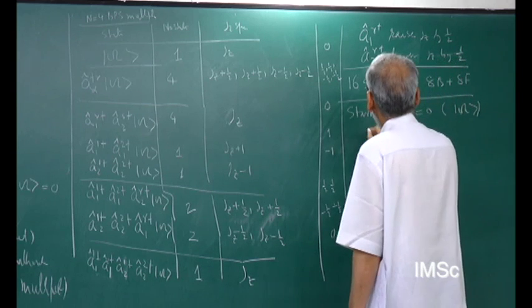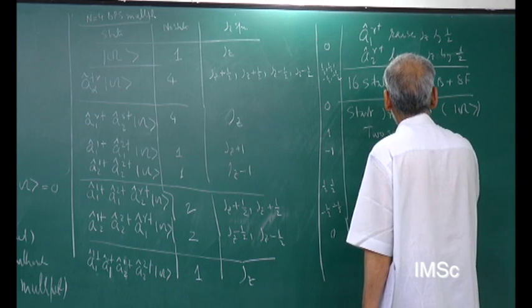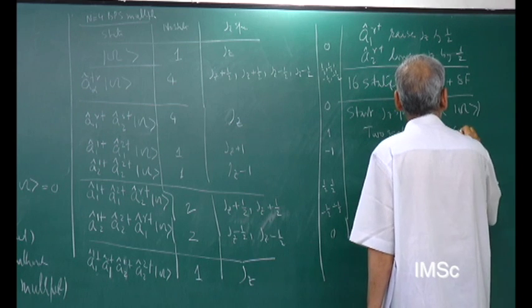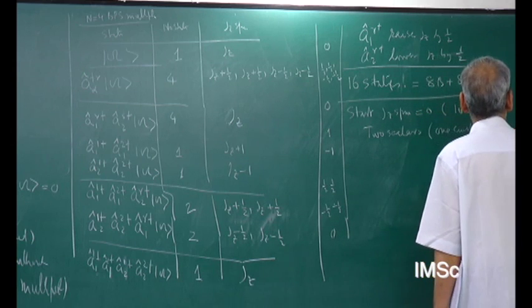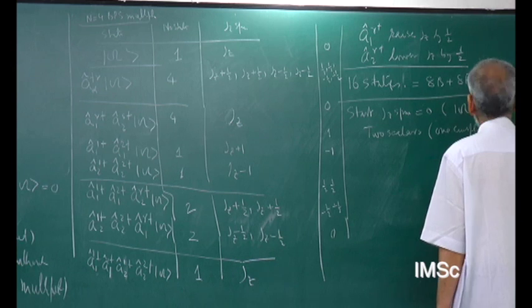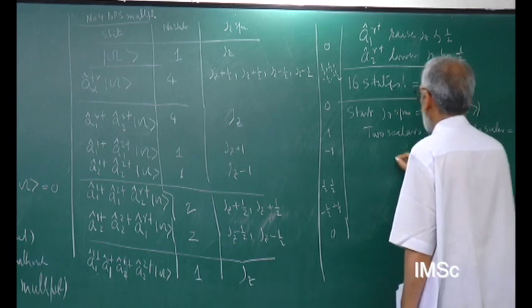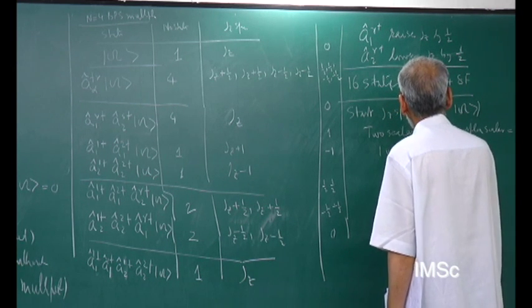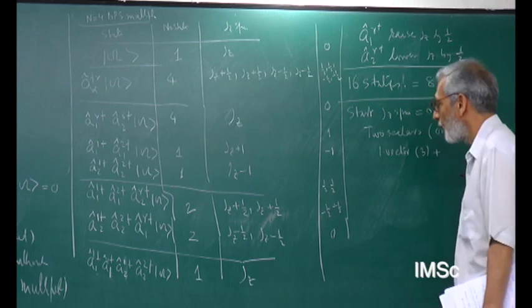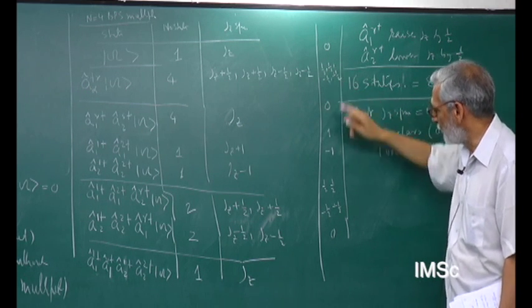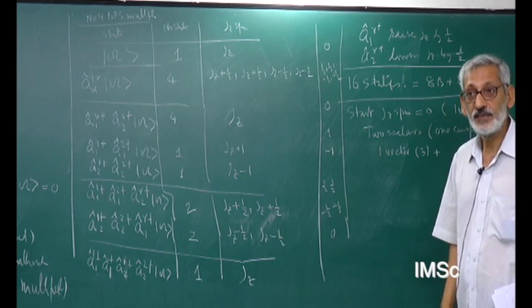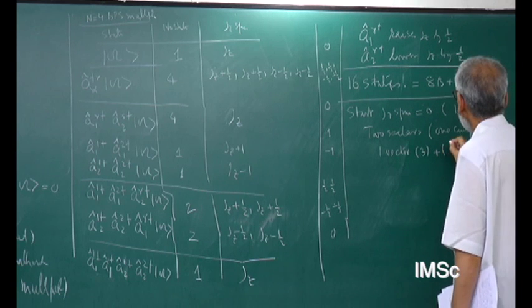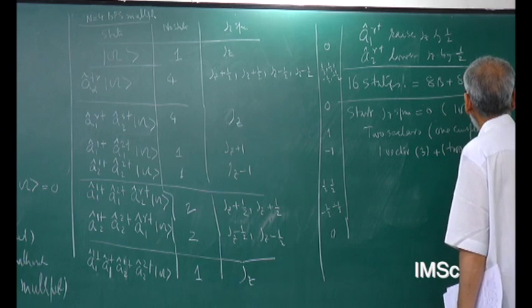So two scalars, or one complex scalar, and in fact it is a scalar plus a pseudo scalar, one massive vector, which has 3 states, and then fermionic states 1, 2, 3, 4, 5, 6, 7, 8 fermionic states, which combine into 2 Dirac fermions.